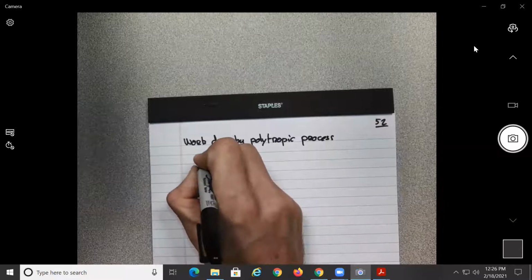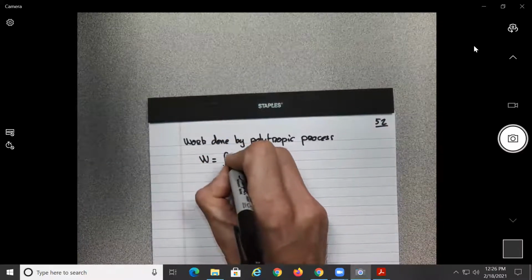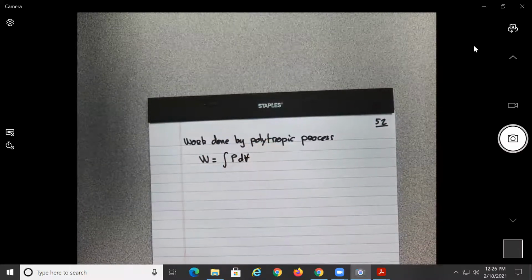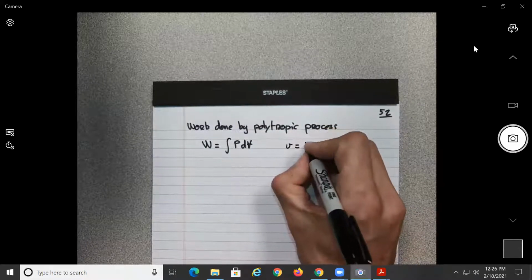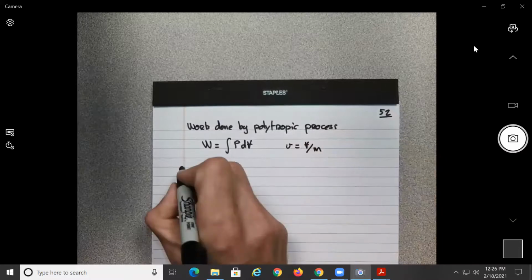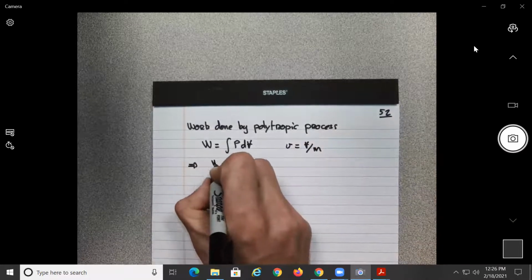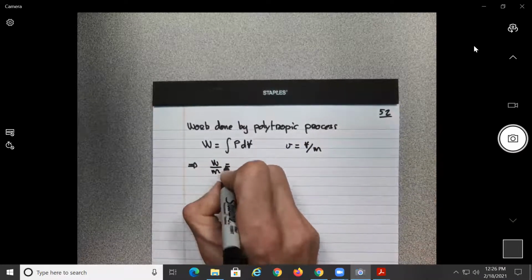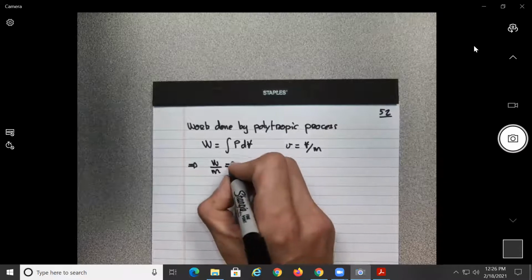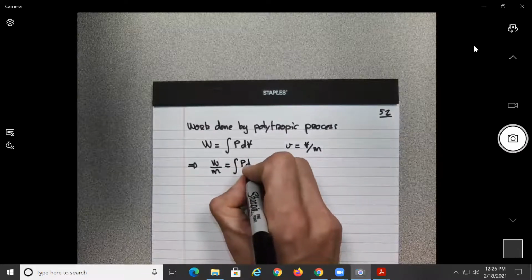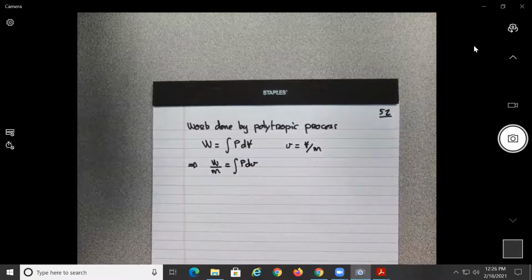We know work is equal to the integral of P dV, okay? If you know that the specific volume is volume over mass, we can write that work over mass will be equal to the integral of P dv, no? All right.